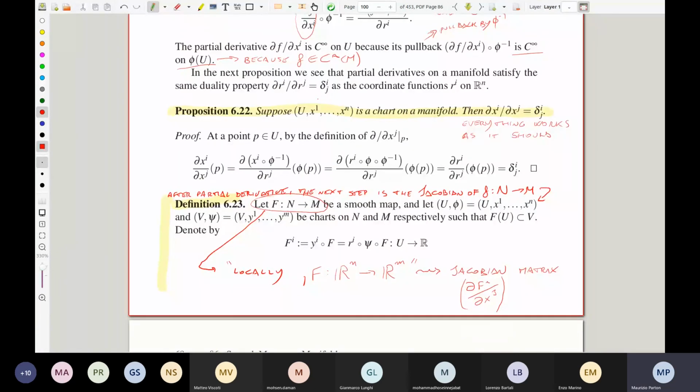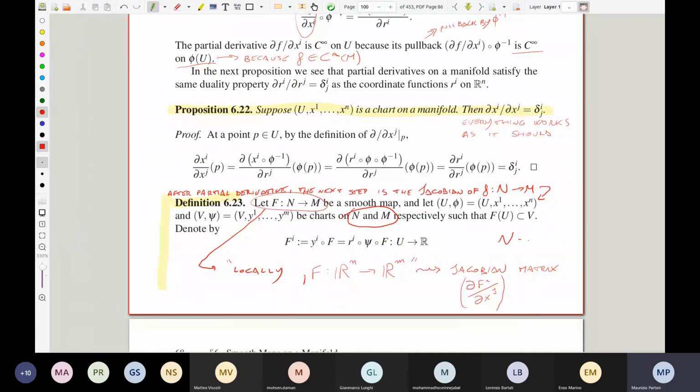And if you have a map between two manifolds, let's say this is a manifold of dimension n, this is a manifold of dimension m, what you can do locally? Locally, this is Rn, and locally, this is Rm, right?